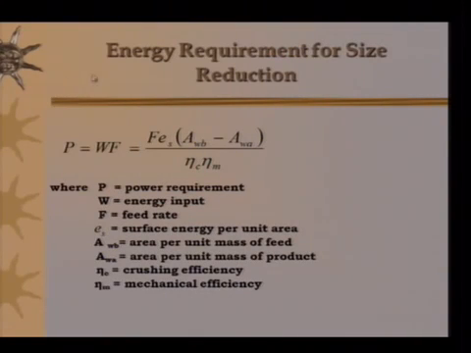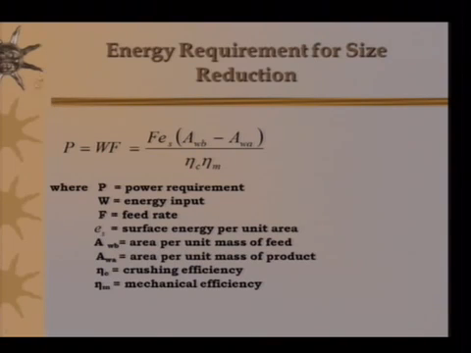Now another very important aspect in such kind of equipment is energy requirement for size reduction. Obviously any machine can be designed and developed, but one important aspect remains how much energy it requires to operate. The energy requirement for size reduction can be calculated with this formula, which is in front of you.